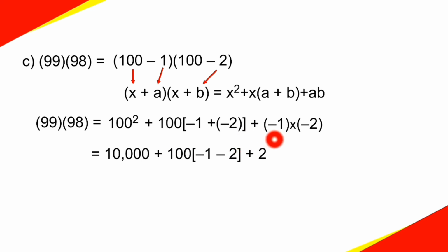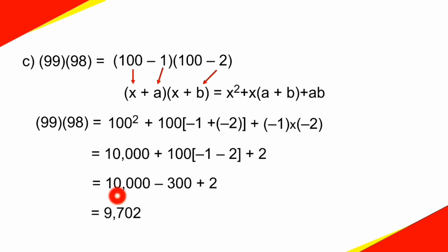Here minus into minus, what can we get? Right, that is plus 2. 10,000 plus 100 into minus 1 minus 2, what can we get? Minus 3, minus 3 into 100, 300, plus 2. Students, can you simplify it? What result can we get? Right, that is 9,702.